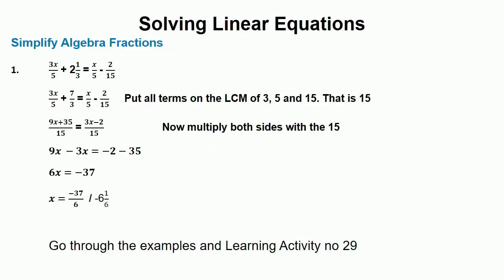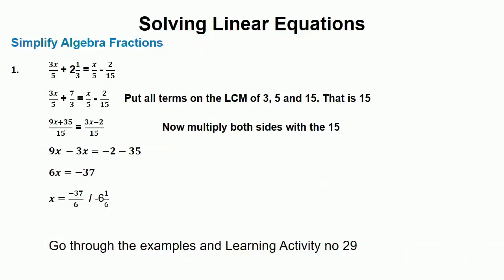Then the 7 on 3, how did I get from the 3 to the 15? Times 5. So the 7 also times 5. The right side, x on 5, how do I get from the 5 to the 15? Times 3. The top also times 3, 3x. The bottom, 2 on 15, it's already on 15, so nothing changes.